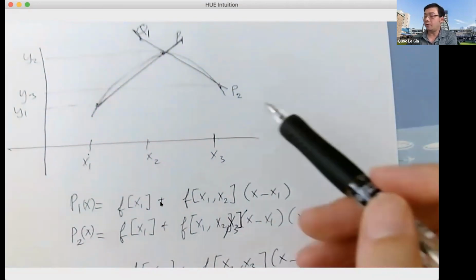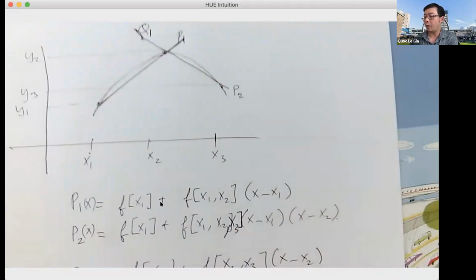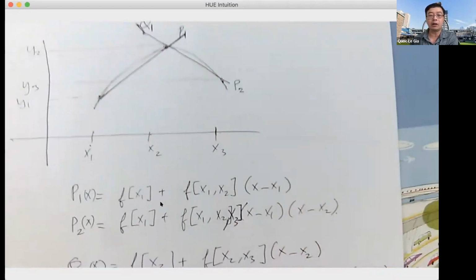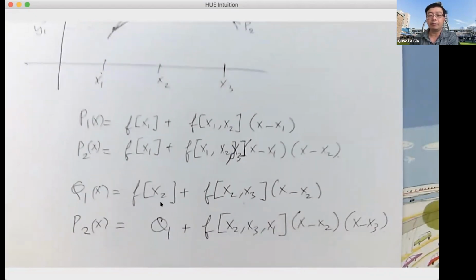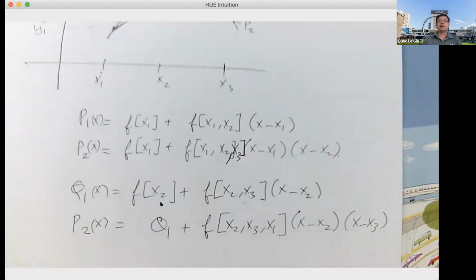And then if you go from the right, you start at Q1. So Q1 goes through x2, x3 only. Okay. Then we have to add on an extra term x1 to get P2. So essentially we construct P2 by two approaches, one from the left and one from the right. One from the line P1 and one from the line Q1.